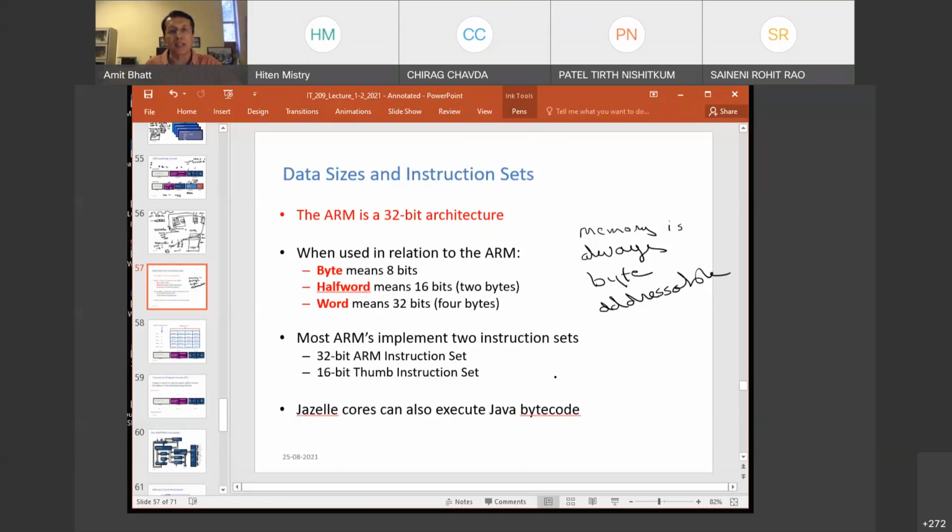And then there is a particular instruction called BX. You will read about it in the book, which says, okay, now you are switching from ARM to thumb and thumb to ARM. If you use BX, that means you are jumping from thumb to ARM. And again, if you write BX, that means now you are jumping from ARM to thumb.